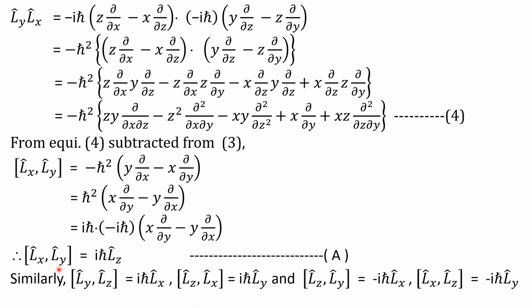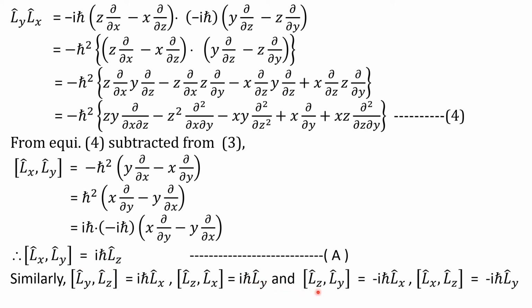But if we interchange the order of the two operators in the commutation bracket, then we get a different result. As we saw earlier, if we change the order of the two operators, the resulting bracket is minus of that bracket. Hence, for [Lx, Ly], if we interchange the order to [Ly, Lx], the value is minus of [Lx, Ly], and the [Lx, Ly] value we know is i h cross Lz.